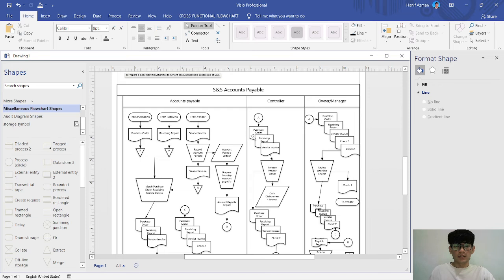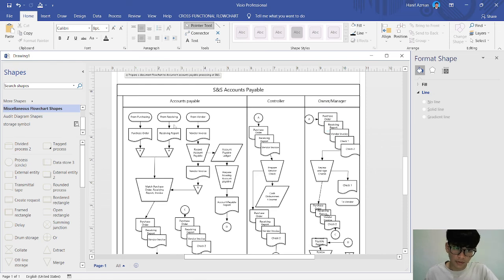So I am done to draw and write all the things needed, and then I will explain all the things. In the previous question, we know that account payable had three departments that involved in SNS account payable, which is account payable department, Aston Fleming as a manager, controller department, and Susan as a owner or manager department.